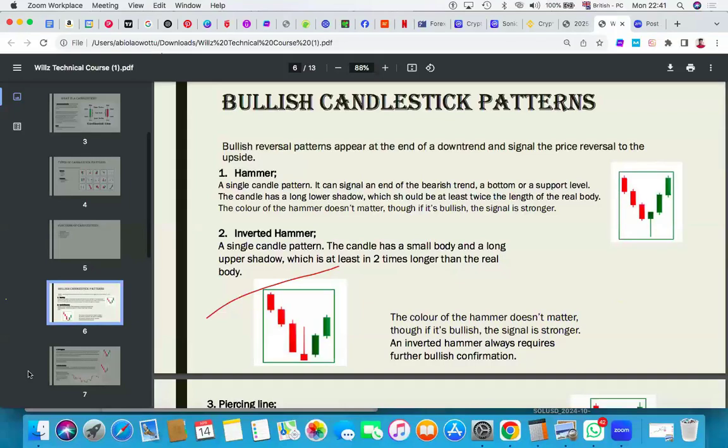They call it 3 black soldiers, or rising three, just three bullish candles. Once that candlestick forms, it is a continuation pattern. If you want to follow an uptrend with candlestick, this is specifically it.